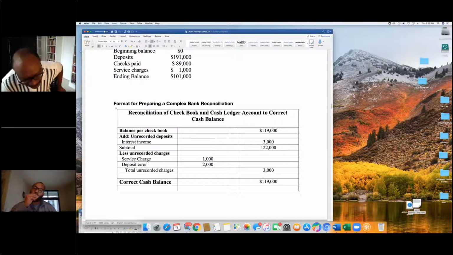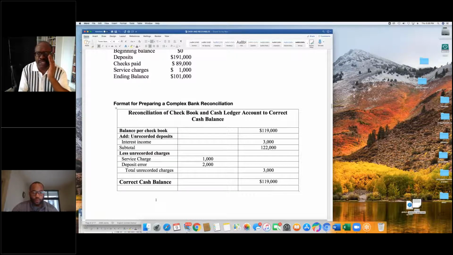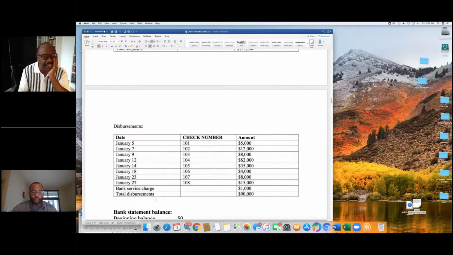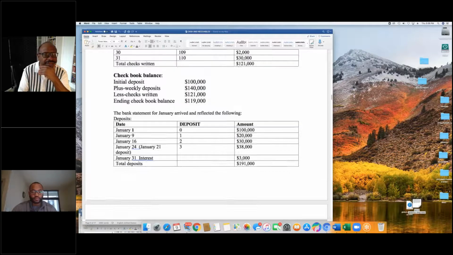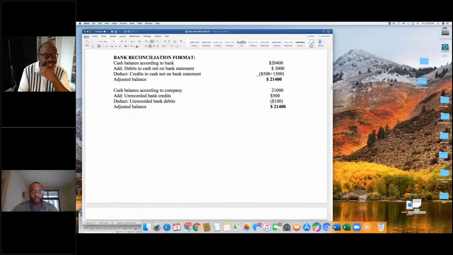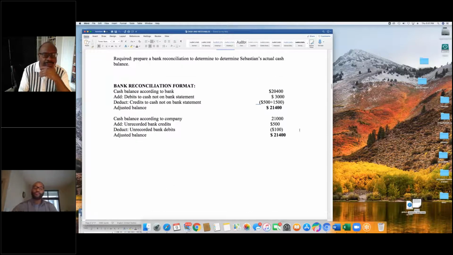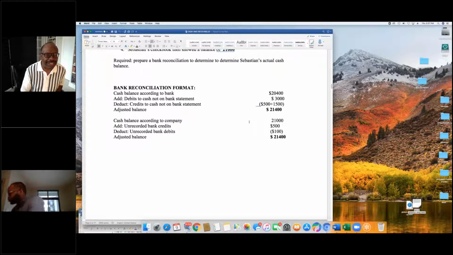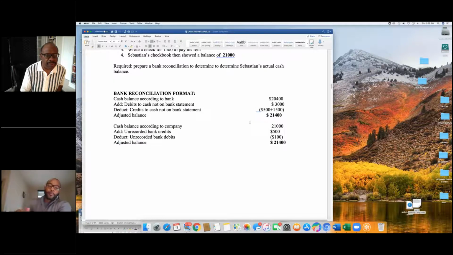Let me see if I can make one up that's a little simpler, because I only give the A students one like this one. Any A students in the house? They're all quiet. Cricket. Okay.